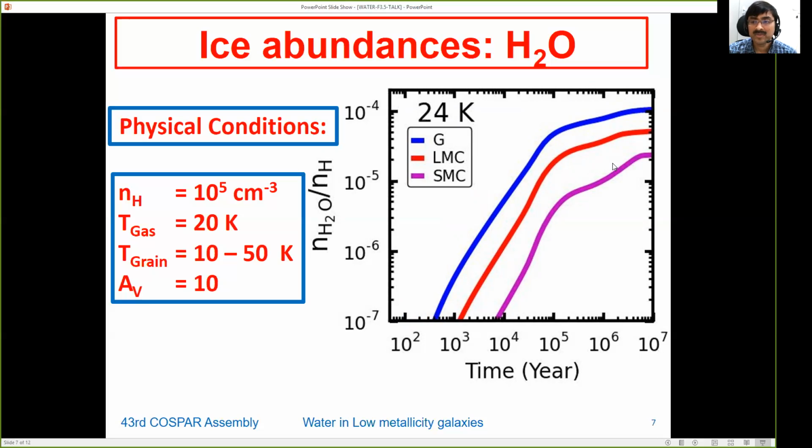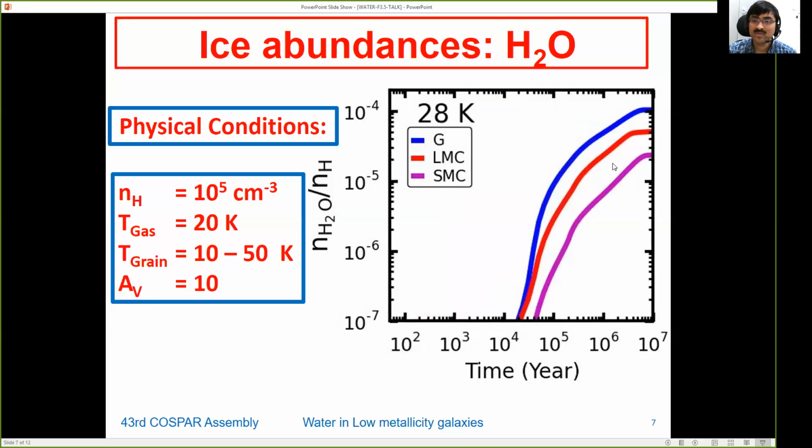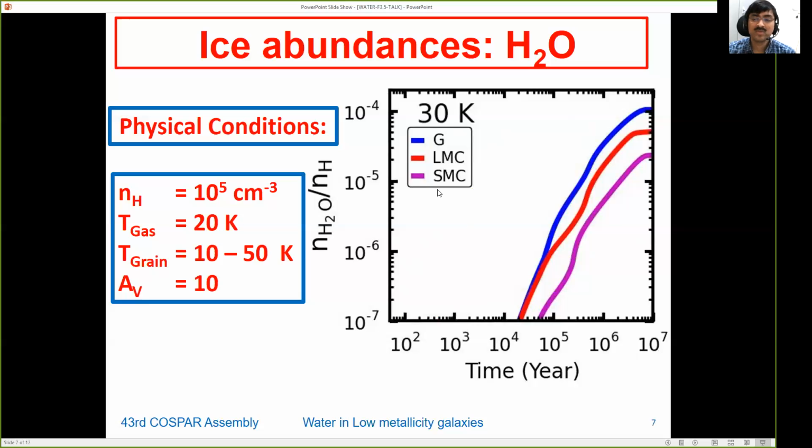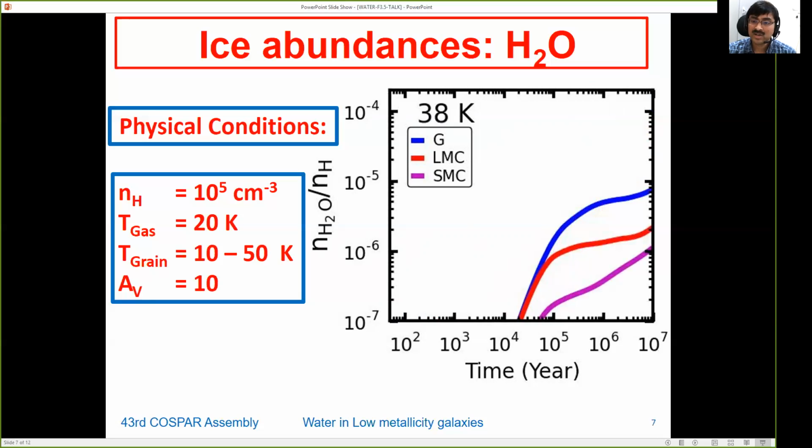If you increase this temperature further, first of all the peak values move towards later and later times, which means you need more and more time to produce a similar amount of water. And of course, when you increase the temperature further, this goes down significantly. It is primarily because both hydrogen and oxygen cannot stay on the surface of the dust grains at high temperature.